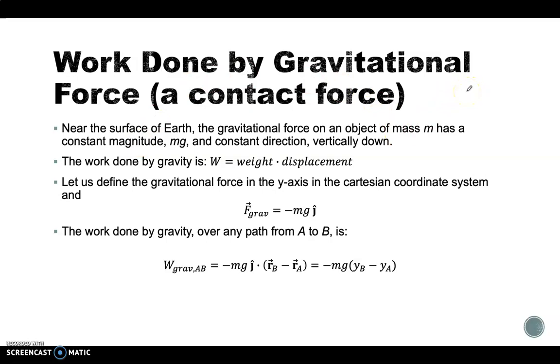But for now, near Earth's surface, the gravitational force has a constant magnitude of m times g, and it has a constant direction, which is vertically down, and typically we say that it's in the y-axis.